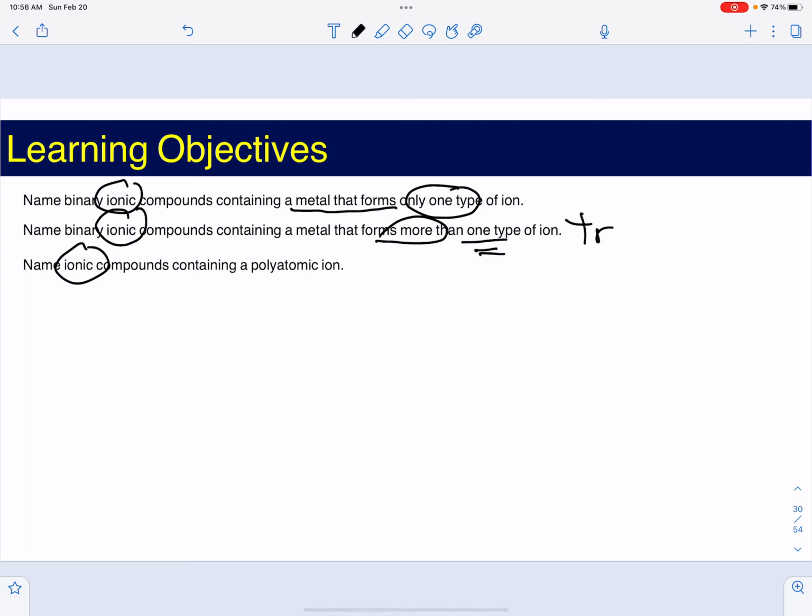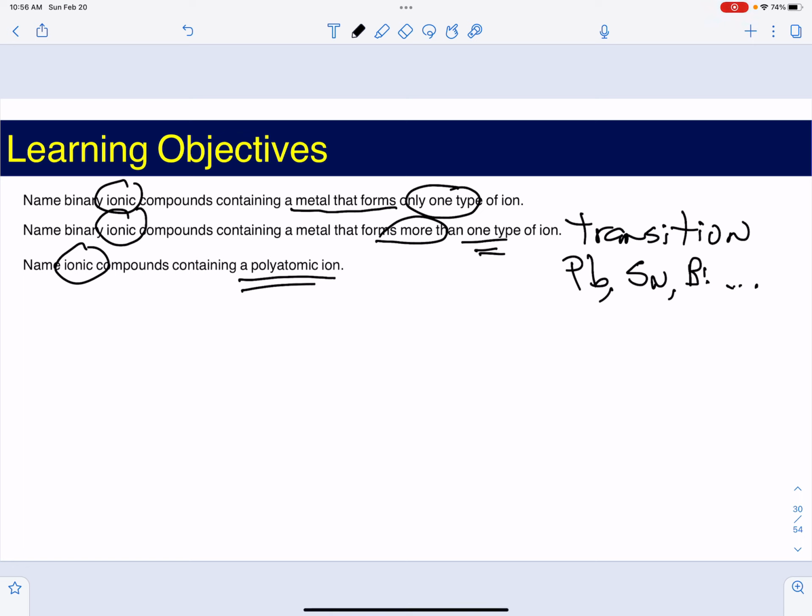Remember I told you transition metals are going to be the ones with more than one type of ion. But you also have some exceptions like lead, tin, bismuth, and the other ones I told you about on the periodic table. You can check the previous recording. And we're also going to do it with polyatomics, which you have already been introduced to. We're going to see now how we go from the formula to the name.